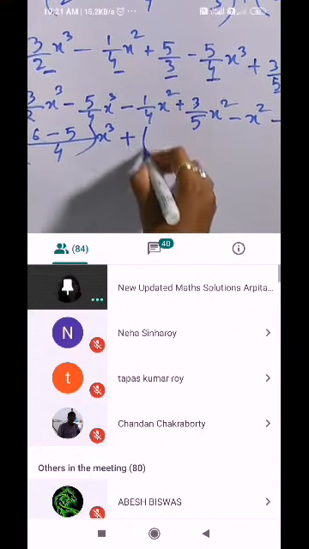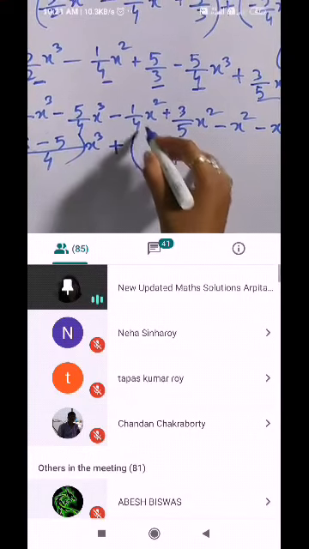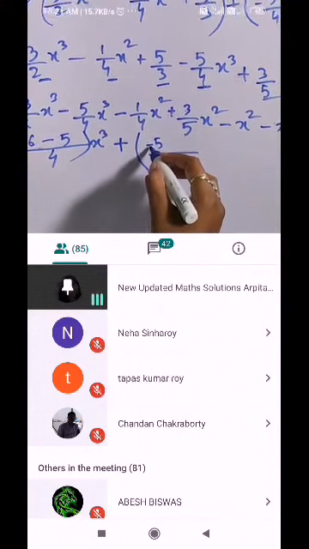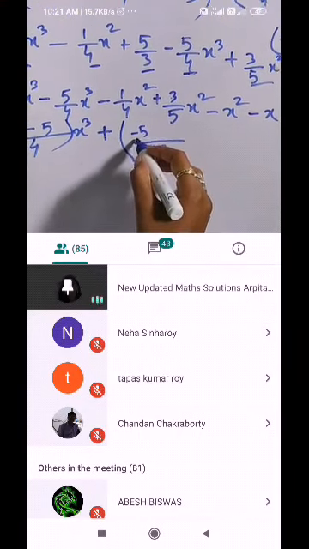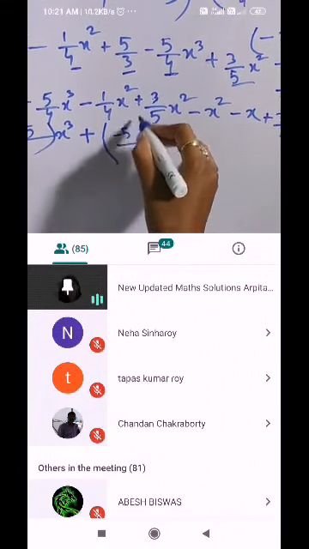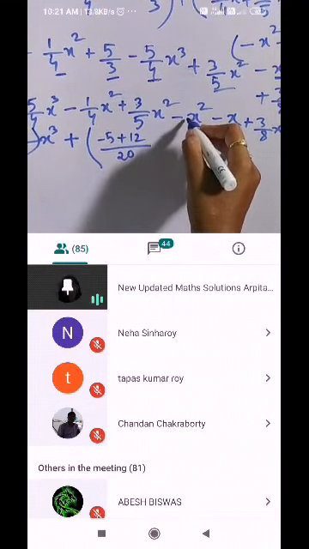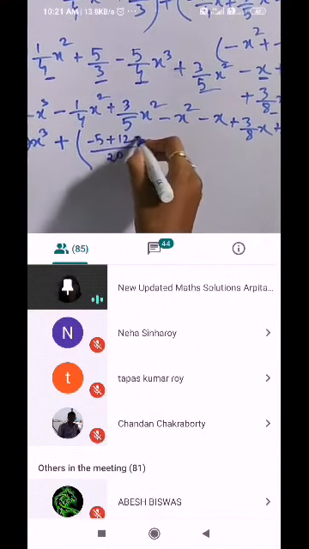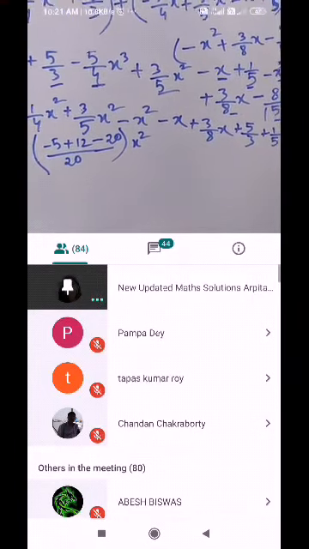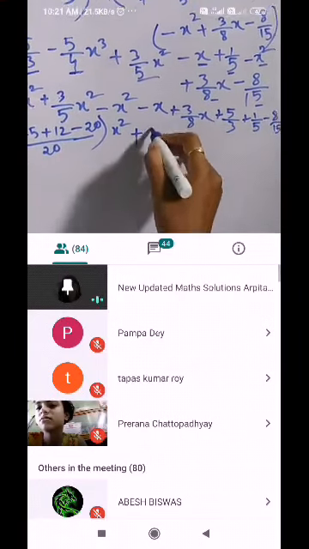Here I will take the LCM, 5 4s are 20, then 4 5s are 20, then minus 5. This minus sign I have written inside the bracket, that's why I have written a plus sign here. Next 5 4s are 20, then 4 3s are 12. Then here is 1, nothing is given, that means coefficient 1. Then minus 20 x square. Then here also a plus sign.